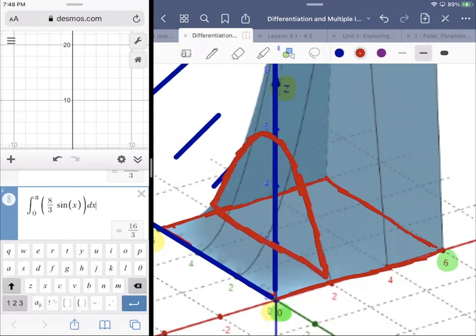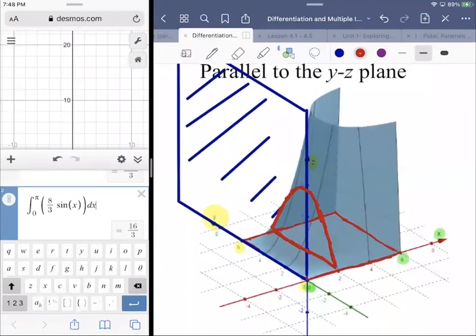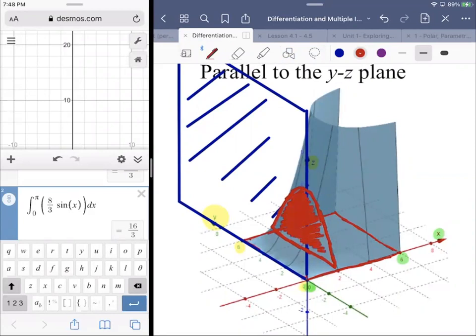It'll be a slice of the surface cut by that plane. You can color it in, make it a little more obvious. If you're thinking of volumes of a cross section, if it feels like this is similar to that, then you're in the right place.